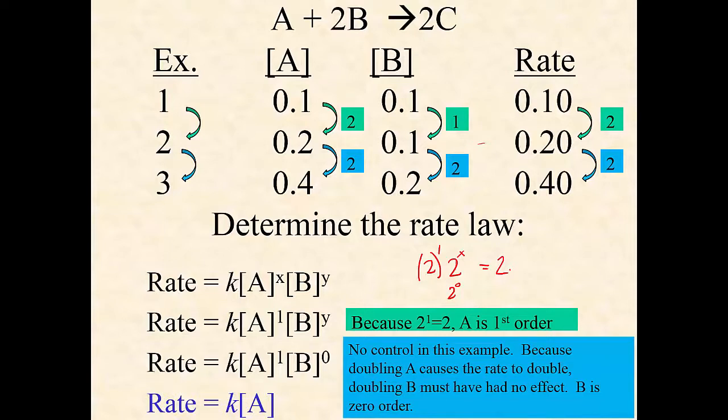So for the rate law, you leave out the B. So even though you have a coefficient of 2B in the balanced equation, it is not in the rate law. This is why it's so important to use your experimental data, because the balanced equation doesn't tell you what is happening. You have to use the data. And that's where if you know one, you can still figure out the other one because it's a cause and effect relationship.